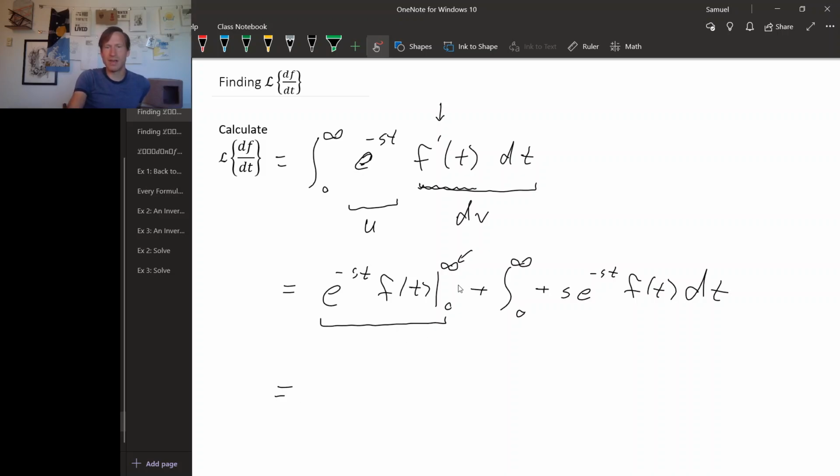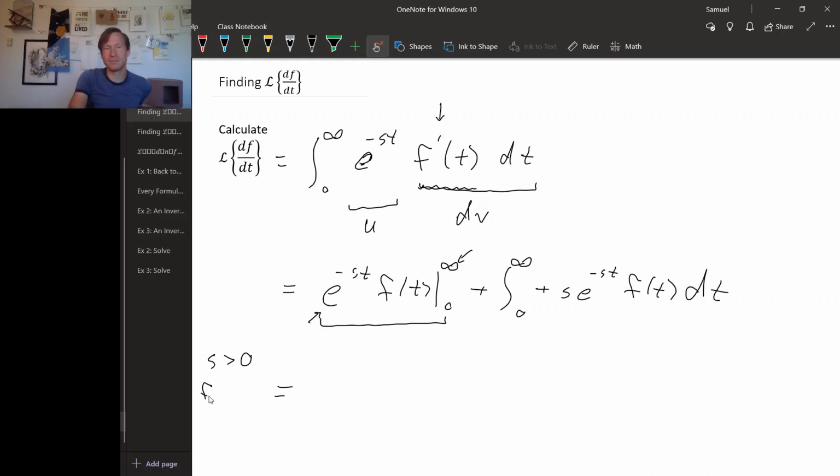On this first part here, as t goes to infinity, what happens to the exponential, as usual, depends on s. So s is going to have to be positive for the limit at plus infinity to make sense. And also for this limit not to blow up, we have to know that f is of exponential order.